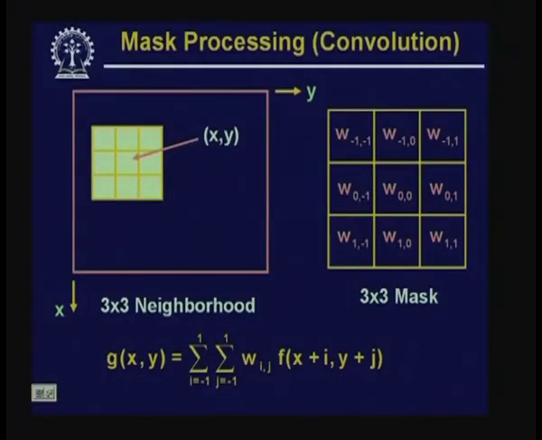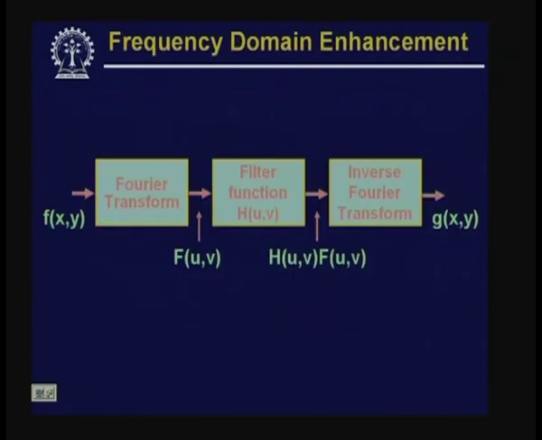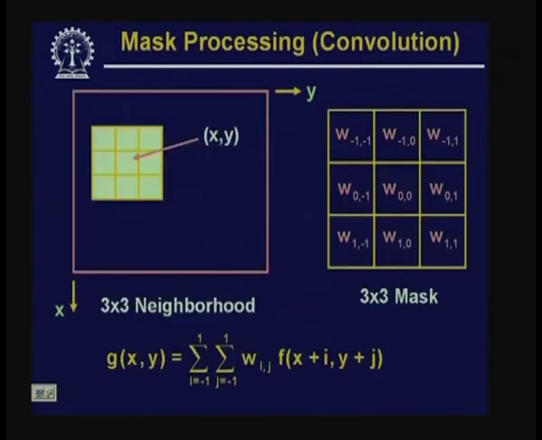We have the original image f(x,y), we define a mask corresponding to the type of operation that we want to perform on the original image f(x,y), and the mathematical expression of this operation is given at the bottom. If you analyze this, you will find that this is nothing but a convolution operation. So, using this convolution operation, we are going for spatial domain processing of the images.